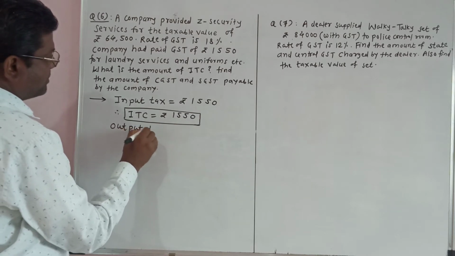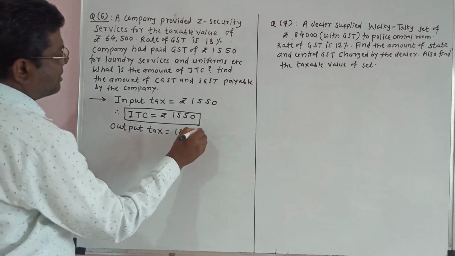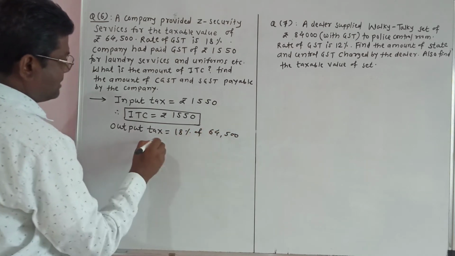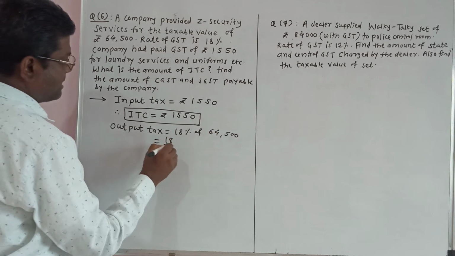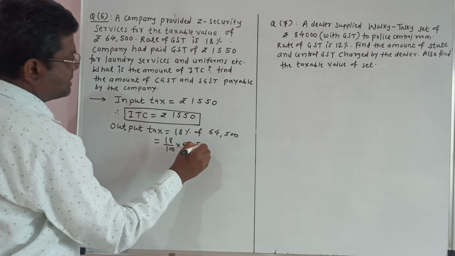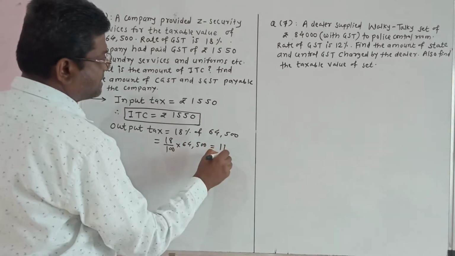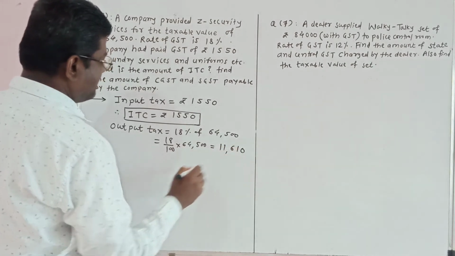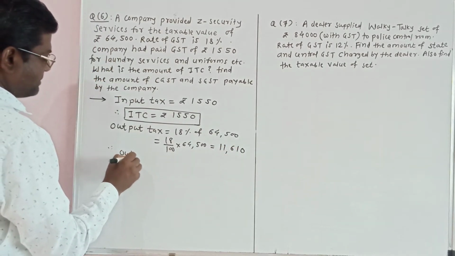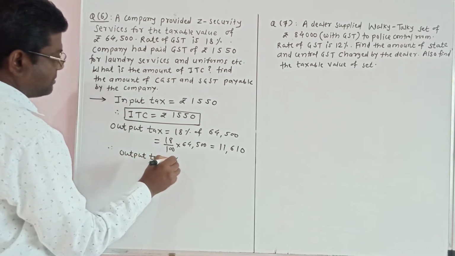Let us find the output tax, which is 18% of 64,500, equal to 18 upon 100 into 64,500. So it will be 11,610. Therefore, output tax is equal to rupees 11,610.